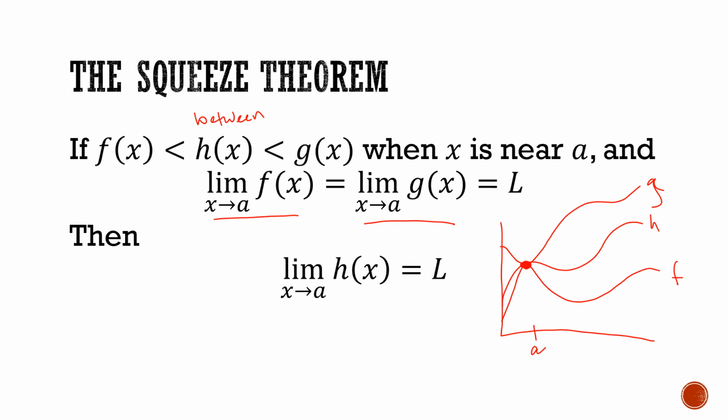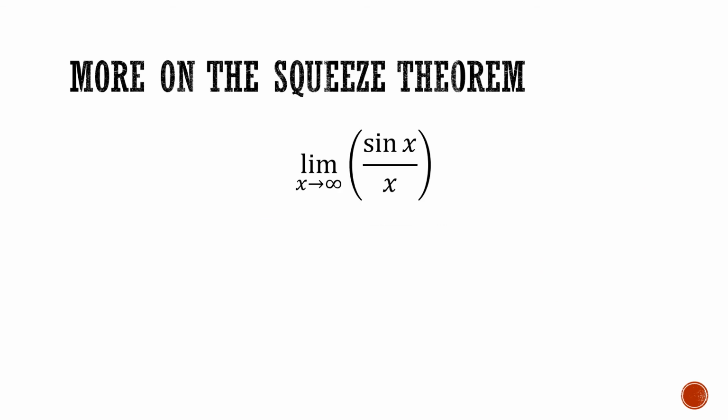All right, so let's look at an example of that. Here we have the limit as x approaches infinity of sine x over x. You guys probably don't know what that function looks like. You probably didn't do any graphs like that in pre-calc. But again, if you can use some other knowledge to figure out functions that you do know, then you can figure out your answer. So the first thing I'm going to start with is a known fact.